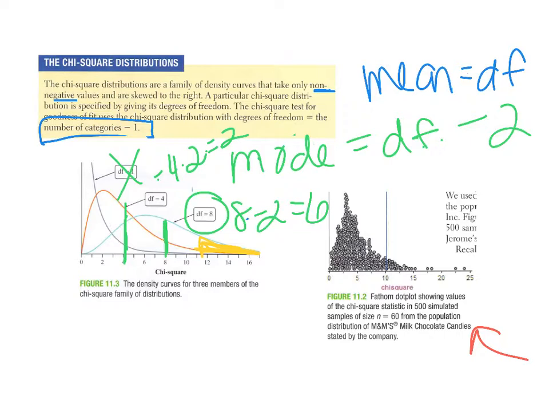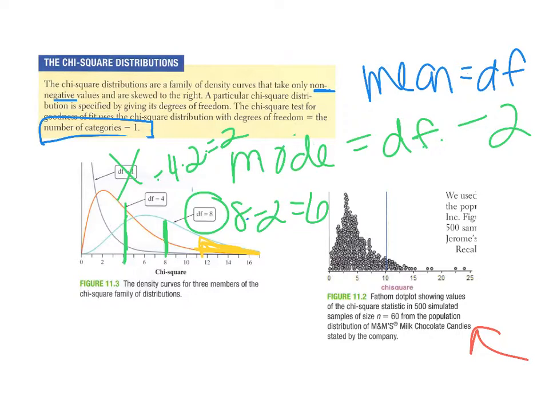And the density curve, our degrees of freedom curve, is a good model for that chi-square sampling distribution, as long as our expected counts are at least 5. So as long as we expected to see at least 5 of every different color M&M.